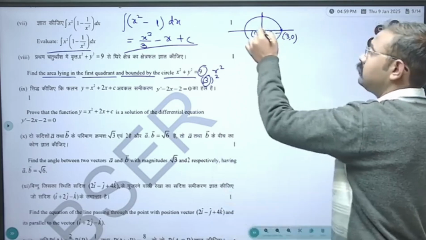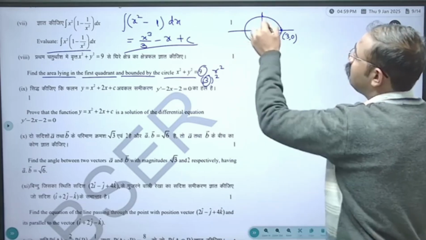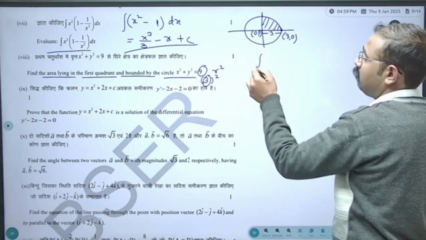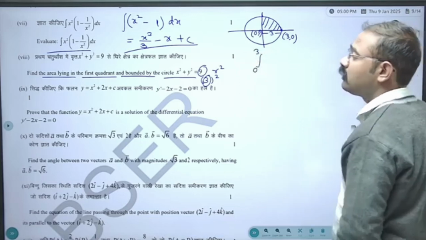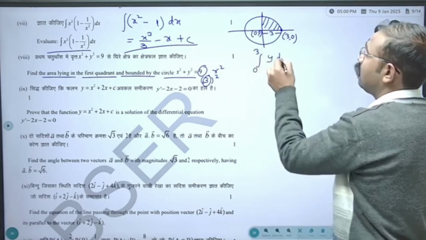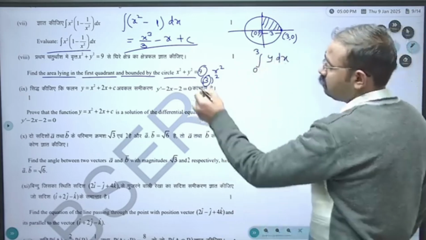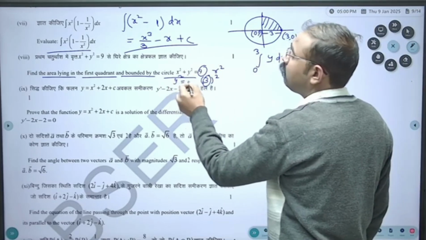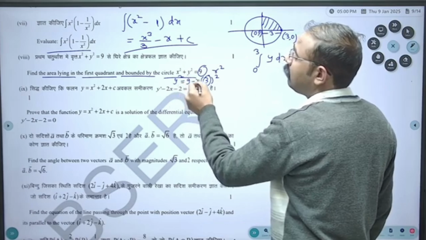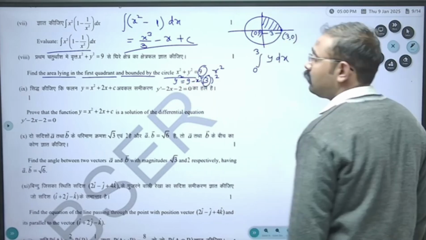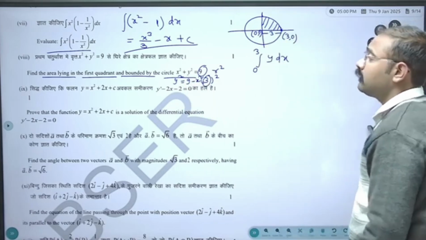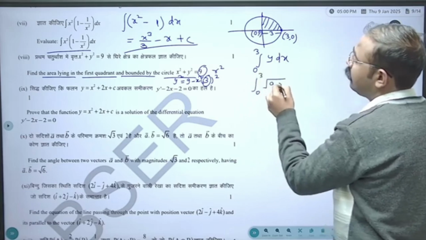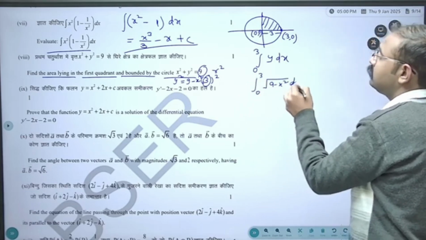Now for this circle, just to find the area in this first quadrant, we have this formula, value of x 0 to 3 y dx. From this equation of circle we will find out value of y, then y square is equals to 9 minus x square. By taking square root, y will be square root 9 minus x square. 0 to 3 square root 9 minus x square, and this dx.